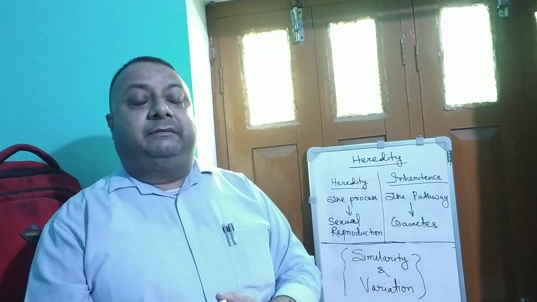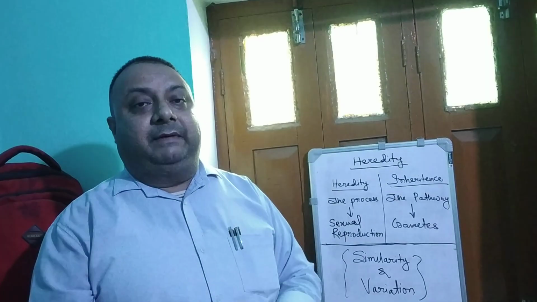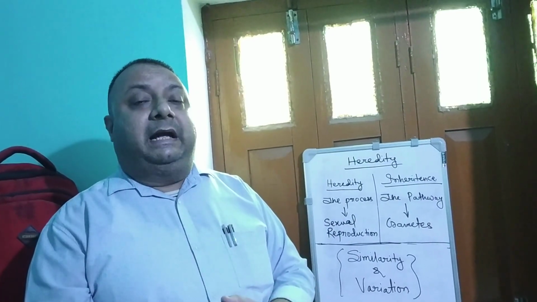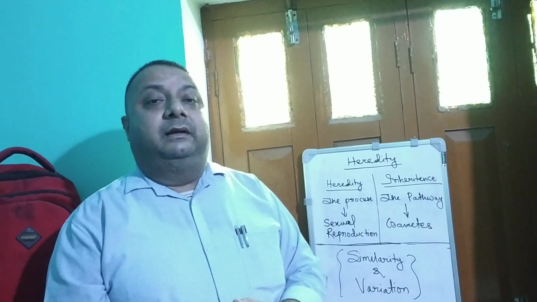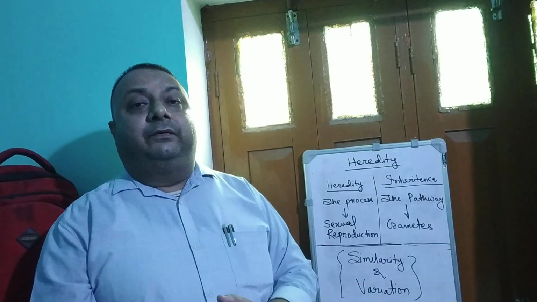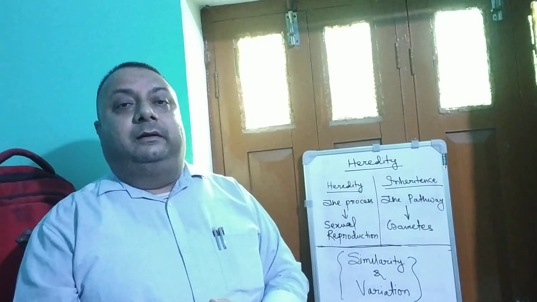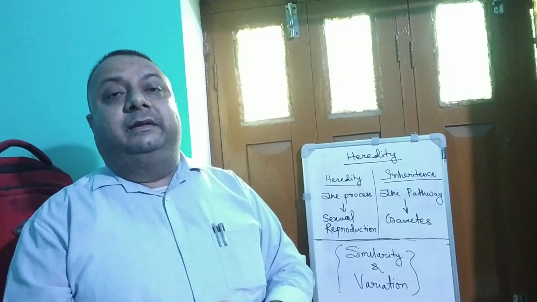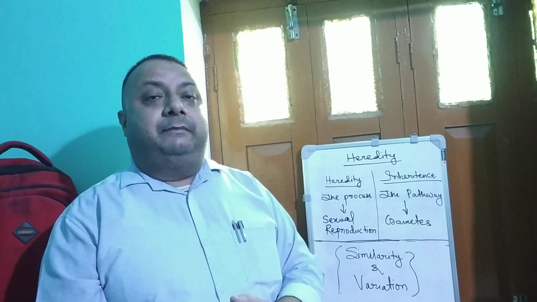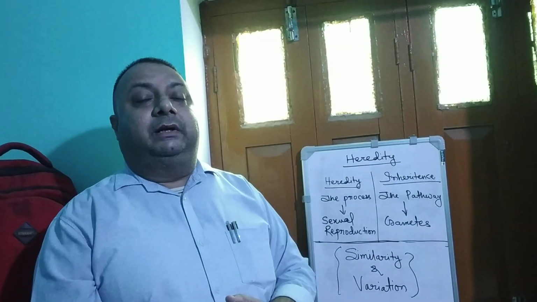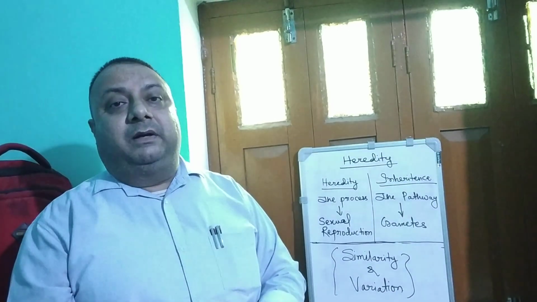These are called gametic variations because the gametes fuse with each other to form a new set of genetic material which is found in the progeny. So these gametic variations lead to the differences among the siblings.